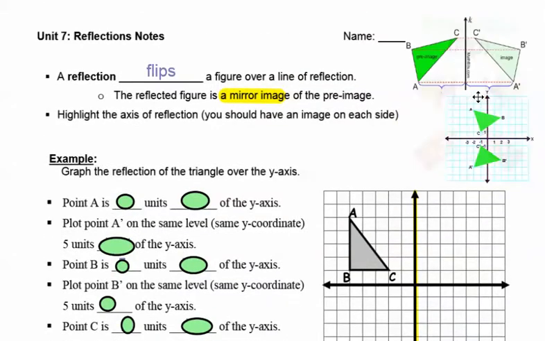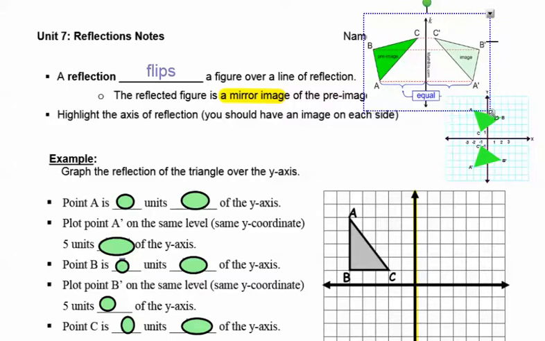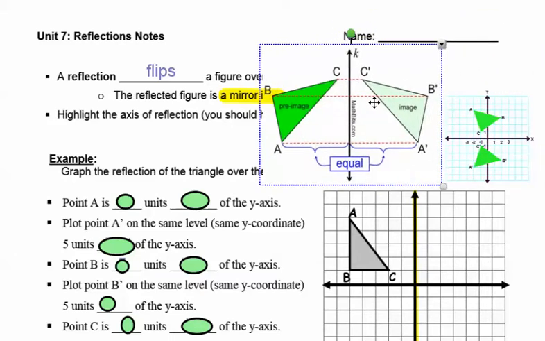So, two other examples. This one is an example of a reflection over the y-axis. Here's my pre-image, my new image. Notice how C is closest to the y-axis, so our C prime is going to be closest also. We're no longer just sliding.